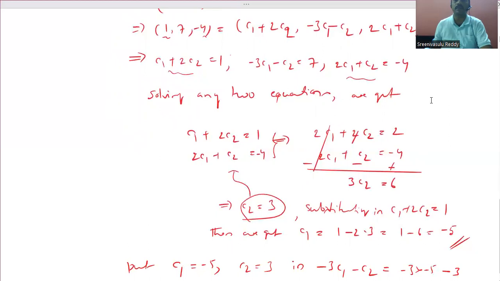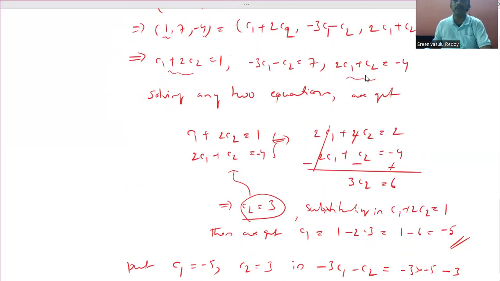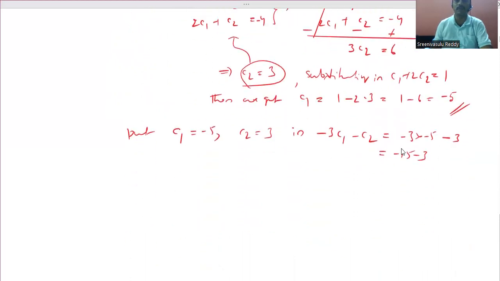Solving any two equations, we get C1 and C2, using C1 plus 2C2 because these two are independent, not this third equation. So don't bother about it in the substitution. After finding these two values, substitute in our two equations only, not in the third equation.